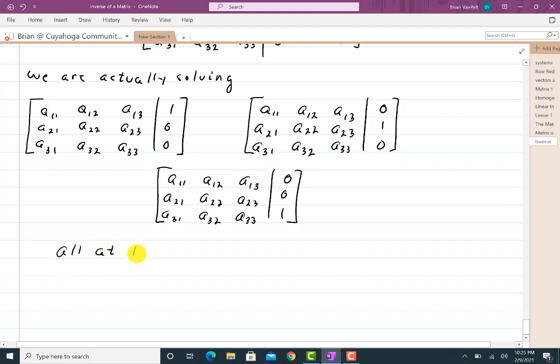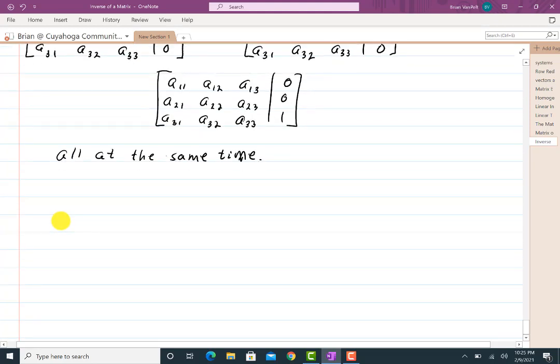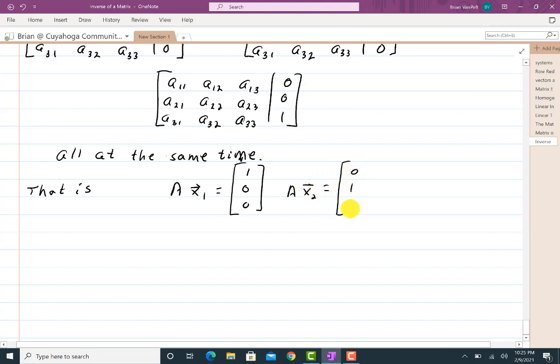All at the same time. So each one of these we're able to do that. That is, we are finding Ax1 to equal 1, 0, 0, Ax2 to equal 0, 1, 0, Ax3 will equal 0, 0, 1.